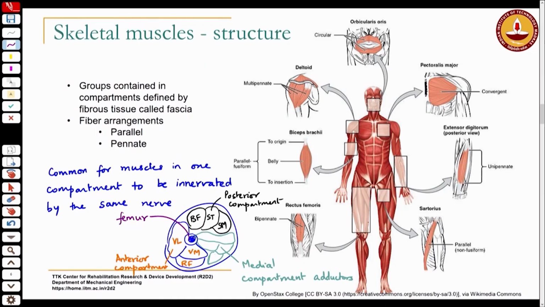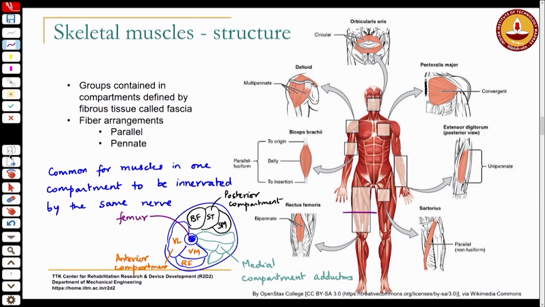From what I have marked here, it is the right leg. I have taken a cross section here, taken a slice there, and that is what it looks like from the top. Because if this is the right leg, this is the medial. I have told you this is the medial compartment, this is anterior, this is posterior. So, you know what I am referring to.